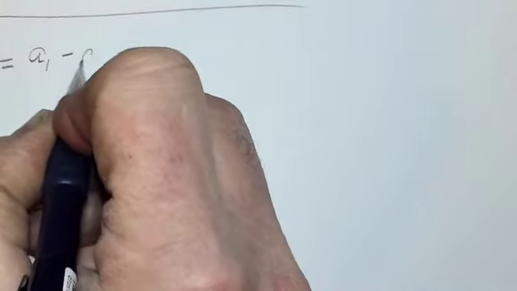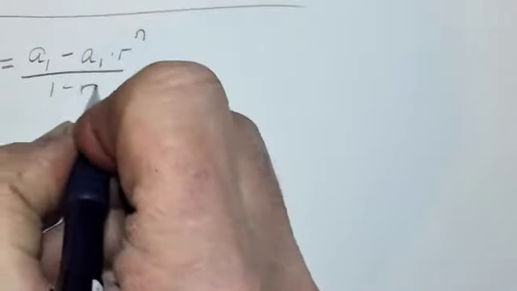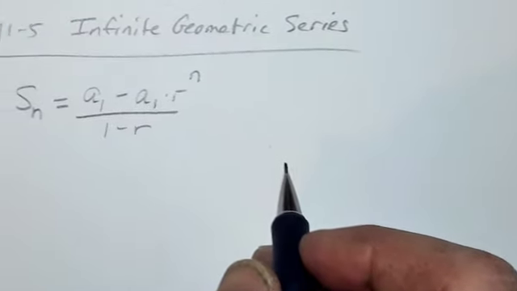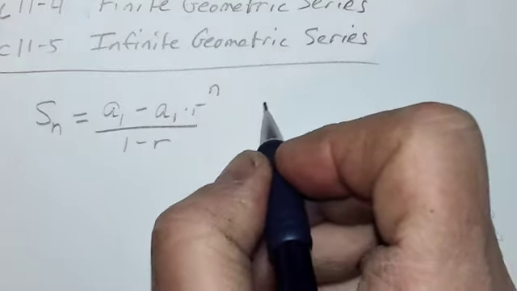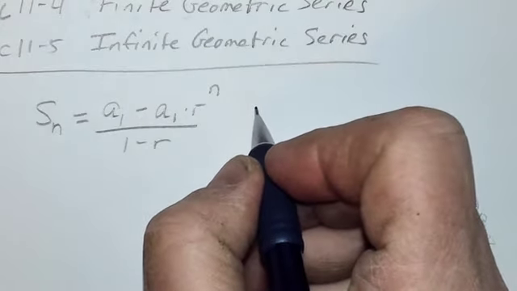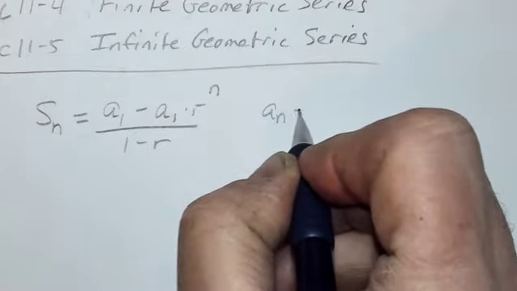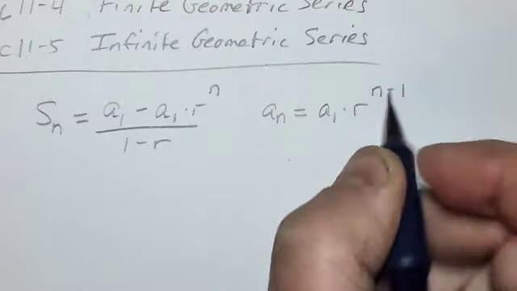For section 11.4, for a finite series, our formula was S sub n equals a1 minus a1 times r to the n, over 1 minus r. Previously, when we talked about geometric sequences, to find the nth term, a sub n, it was a1 times r to the n minus 1.